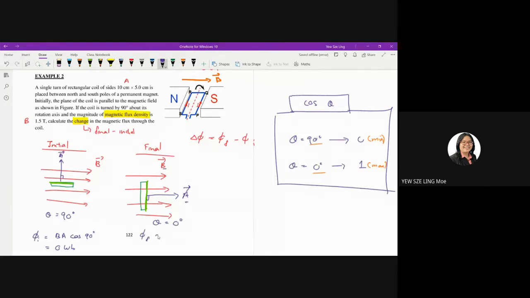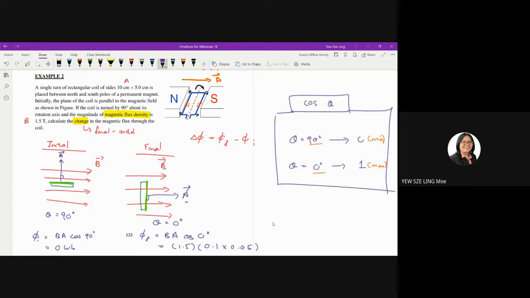So phi final equals BA cos 0 degrees. B is a non-zero value, 1.5. A is given, 10 cm times 5 cm, which is 0.1 meter times 0.05 meter. And then cos 0 gives you 1, so you don't have to write it anymore.